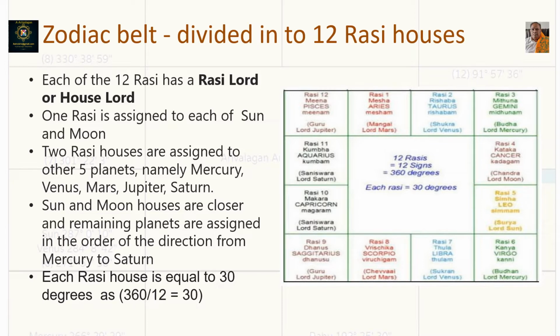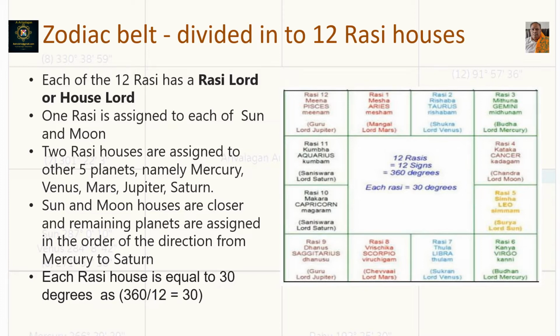On this template of Rasi houses, which is conventionally used, the Sun's house is treated as Rasi number 5 from Mesh Rasi, and the Moon is treated as Rasi number 4, which is Karagha Rasi.